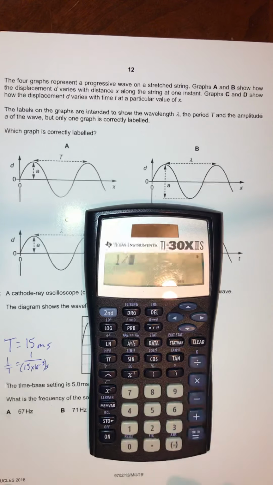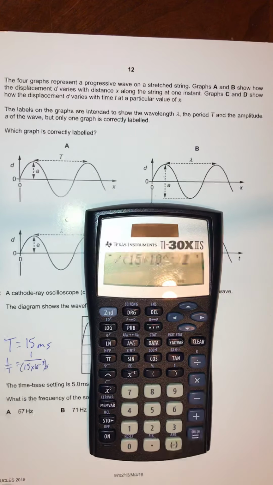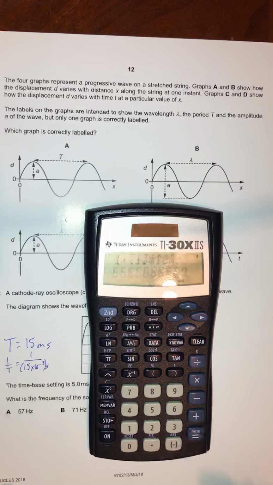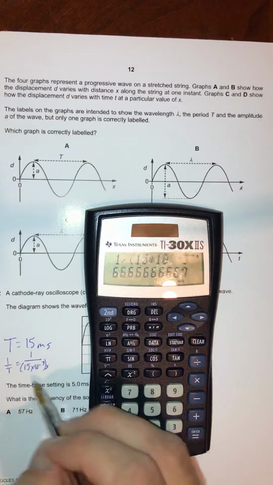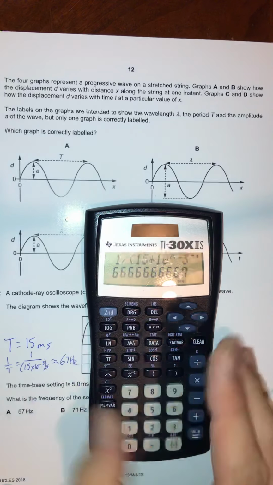So 1 divided by 15 times 10 to the negative 3 gives us 66.6 repeating, and so that's about 67 hertz.